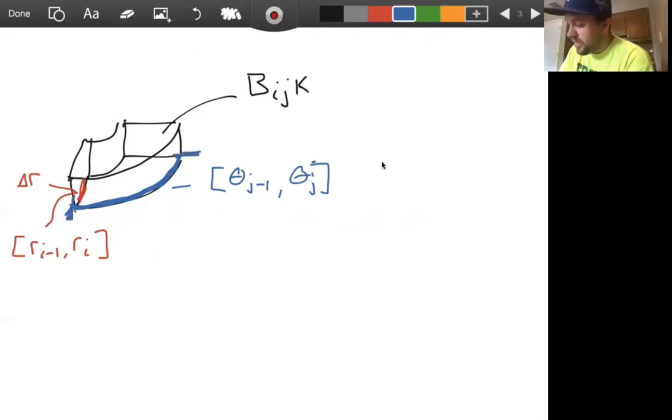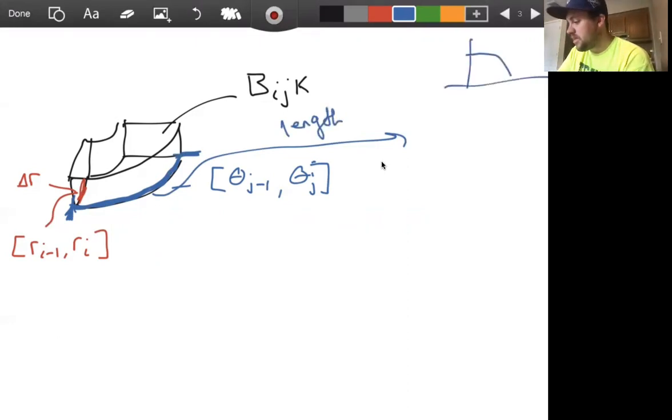And so the length of this, if you'll recall the formula for arc length of just part of a circle spanned out by an angle theta, is r times theta. And so here this arc length is going to be r, our radius, times delta theta, right?